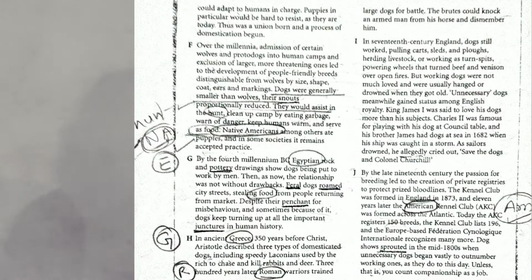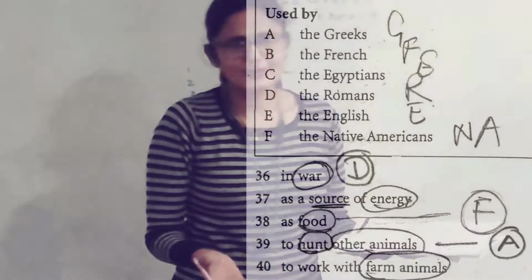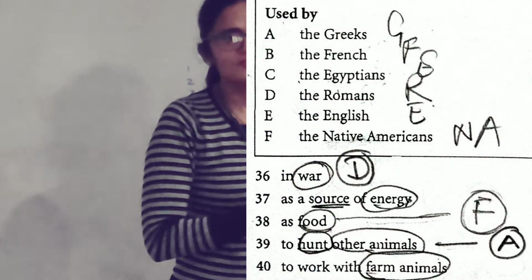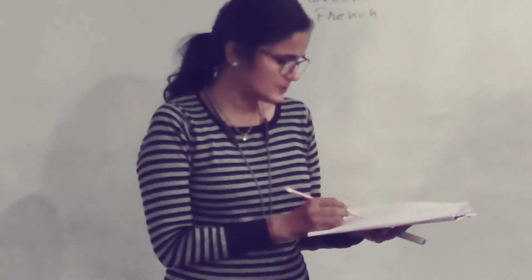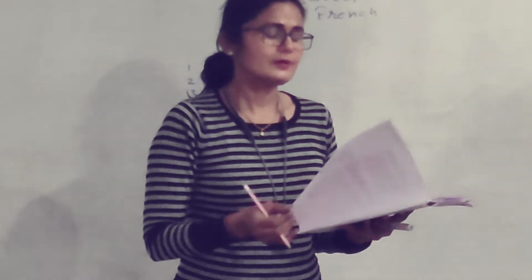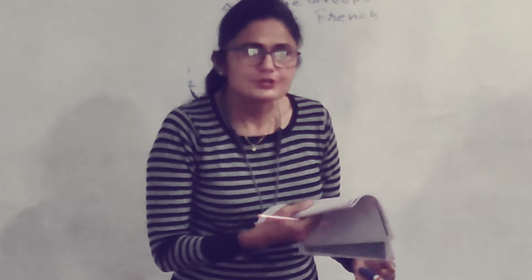D. Alright, let me check. Roman warriors trained large dogs for battle. Okay, battle means in war. Correct. 100% correct? Yes. Now tell me, is it easy? Yes. Similarly, now how many questions are left? Okay, now Romans are over. Now let's go to English.